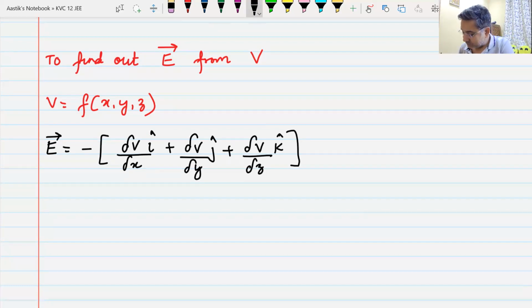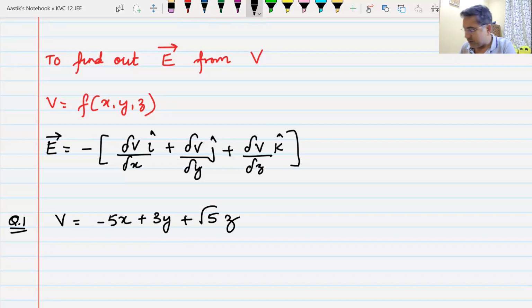Yes, sir. V is given as minus 5x plus 3y plus root 5 z. This V is given as a function of x, y, and z, my dear friends. Can you find out the electric field vector from this information that is being shared with you?